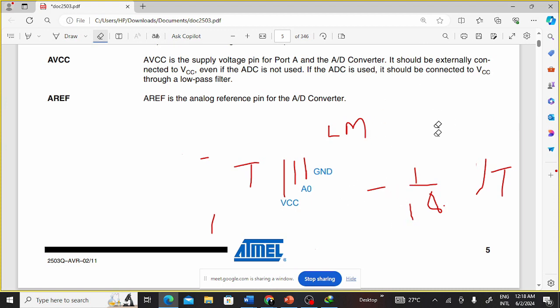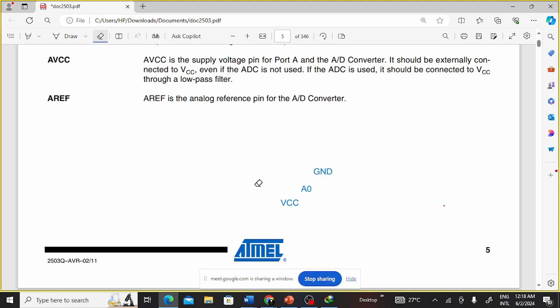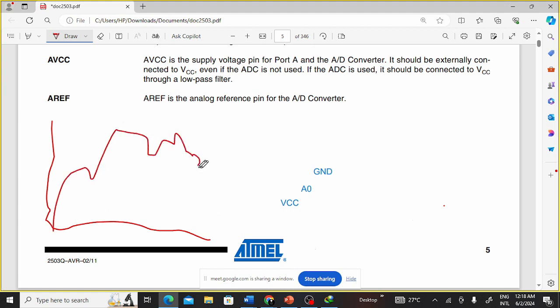But when you say a pin is digital, that means it can only give you high or low. You understand now? So you have a voltage like this that is coming like this.